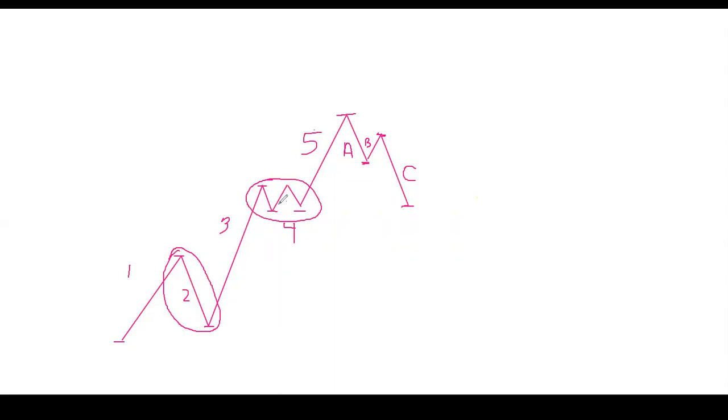The flip side, if wave 2 is trading sideways, then wave 4 is going to be the steep one. That's the guideline of alternation, okay, between the impulse waves. All right, so that's the first guideline that I want you all to focus on, identifying the retracements, okay?